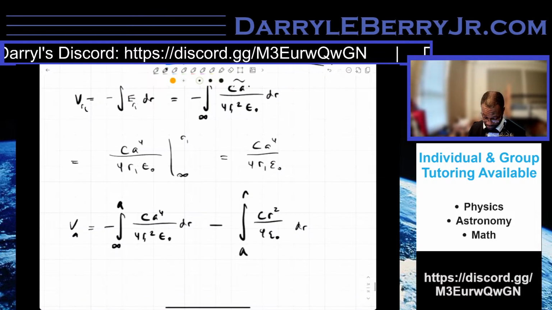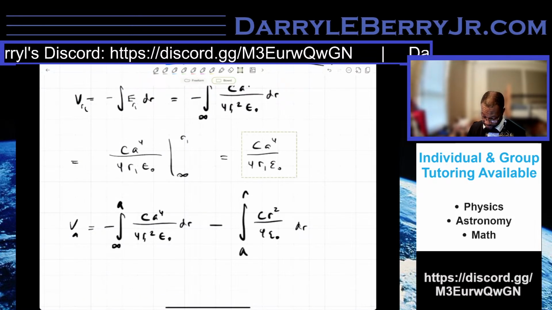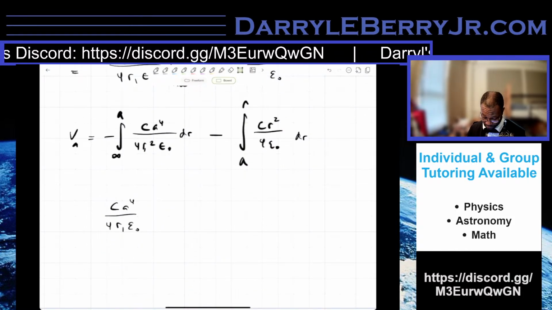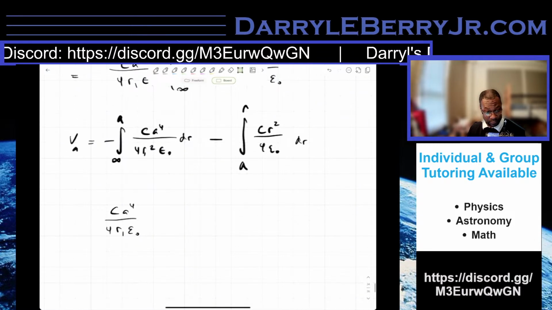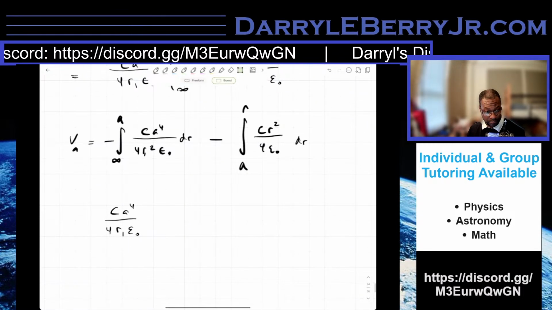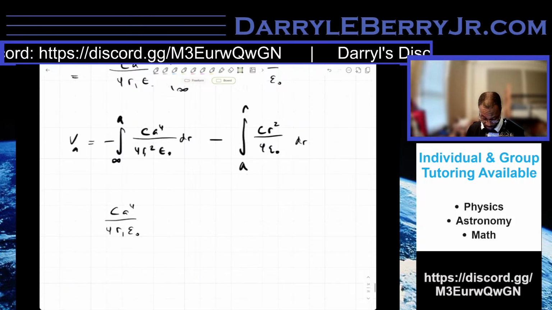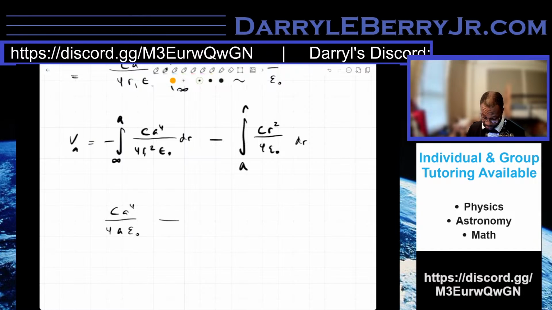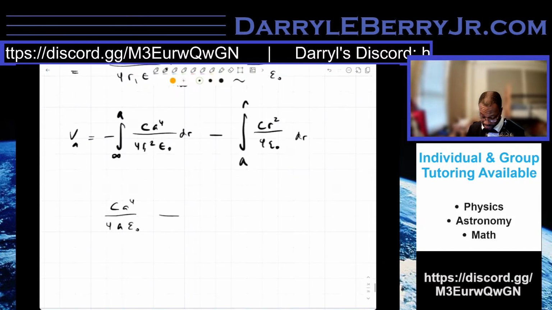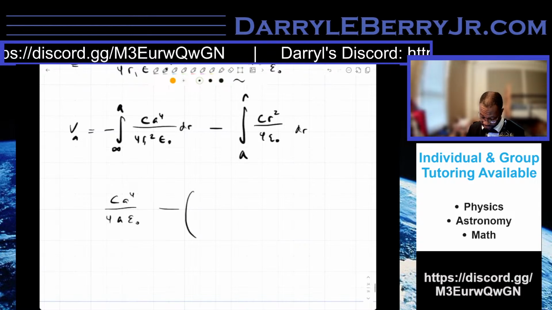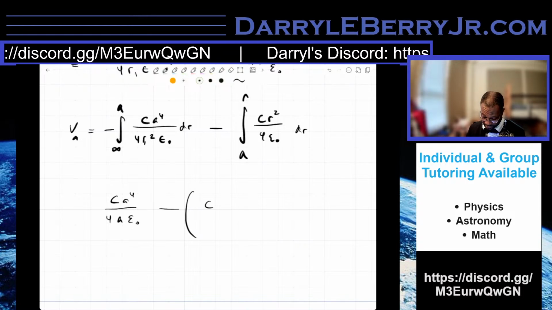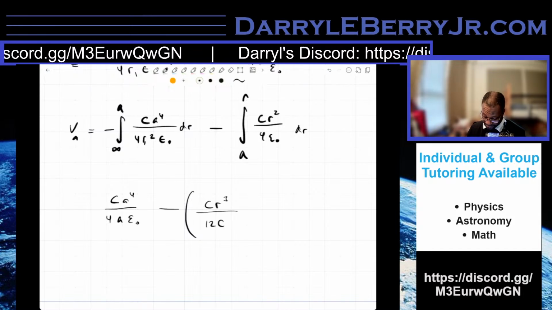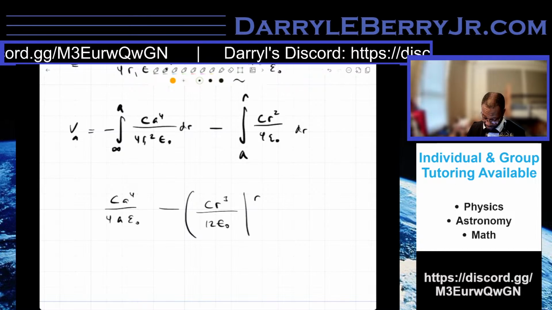Actually, this would be the same, just we're plugging in A, I meant to say. So it should be this, and mind the sign on that one. Let's actually do this integral here. This would be C R cubed over 12 epsilon naught from R to A.